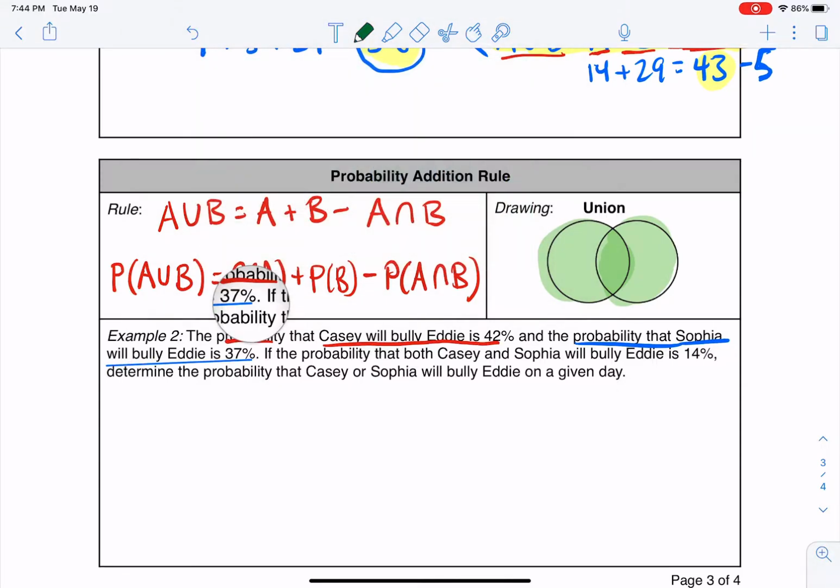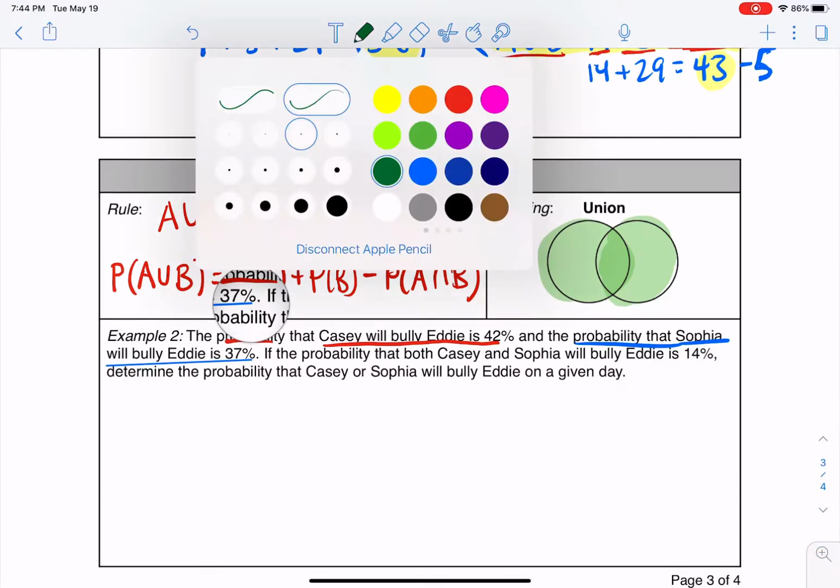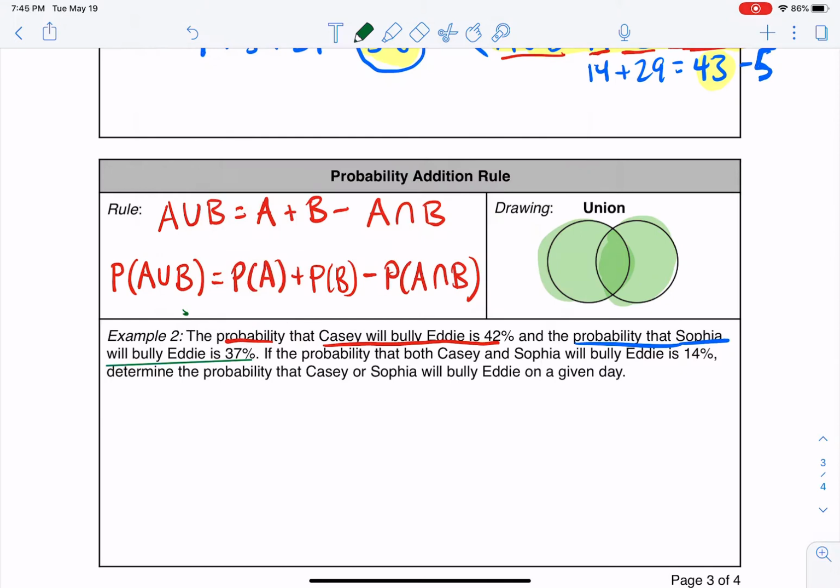And then we're told a third thing: the probability that both Casey and Sophia will bully Eddie is 14%, so their combined probability is that. We want to know the probability that Casey or Sophia will bully Eddie on a given day.